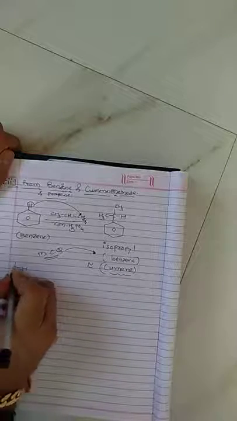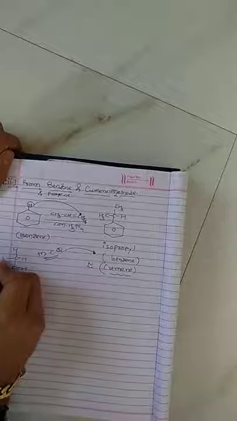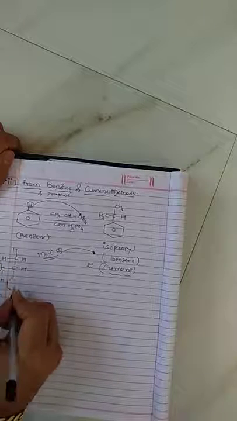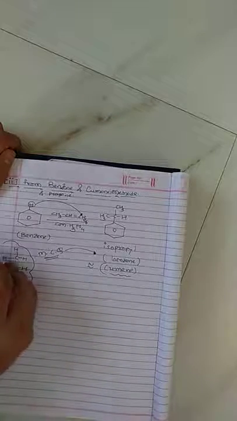This is the skeleton structure of cumene, CH3 with benzene. Now from this structure you have to identify the number of sigma bonds as well as the number of pi bonds. Okay, we will continue.